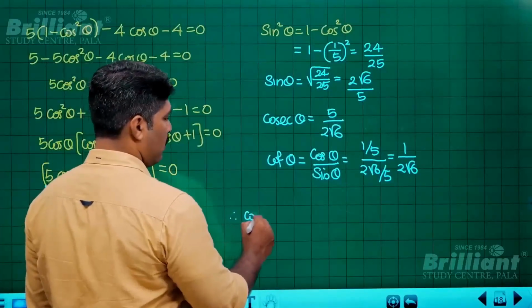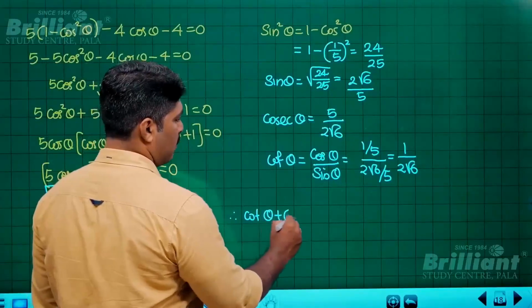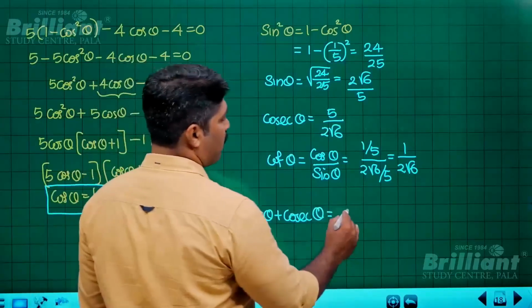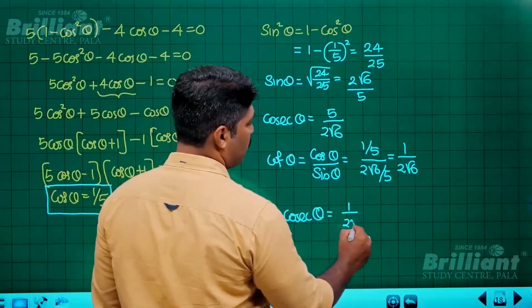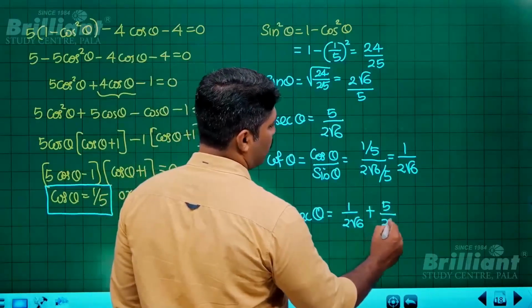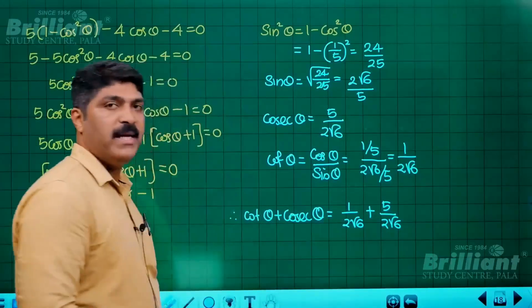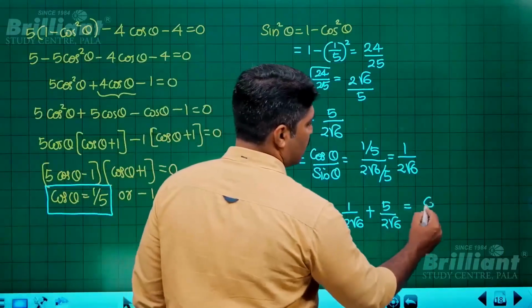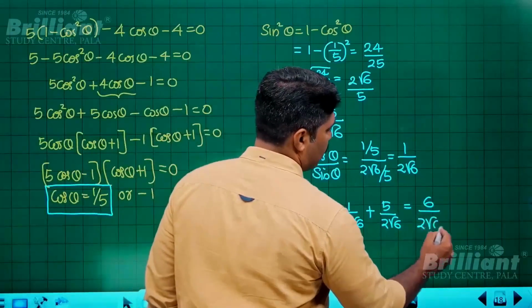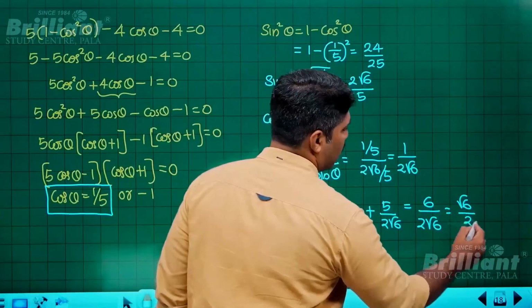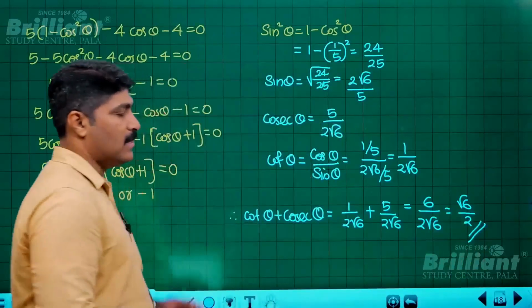Here the value of cot theta is 1 by 2 root 6 and cosec theta we got as 5 by 2 root 6. As the denominators are same, we can add the numerators together. So that is 6 by 2 root 6, which is equal to root 6 by 2. So this is the answer.